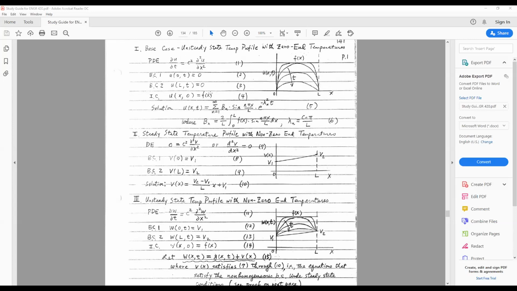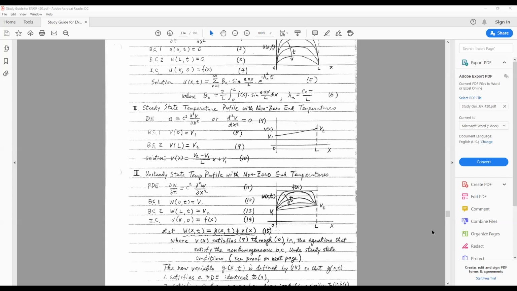If we have the two ends at 0 degrees, and this is the steady state temperature distribution, I demonstrated the temperature distribution is linear. Now, the important thing is, a student may ask if we can solve a problem with a non-homogeneous boundary condition.